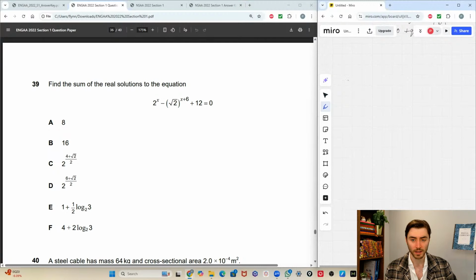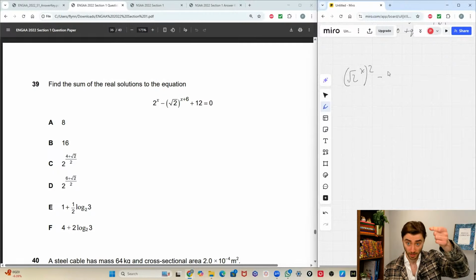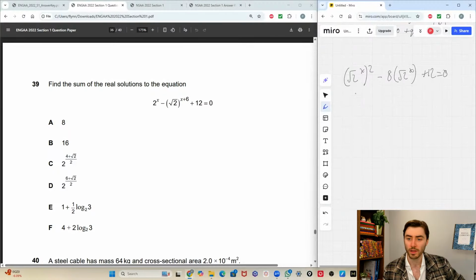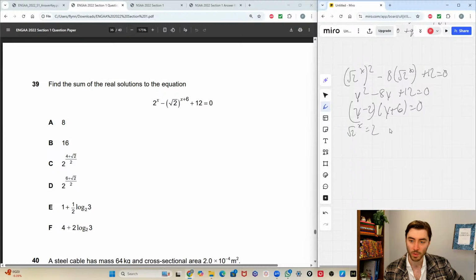So that is root 2 to the x squared minus, that 6 is going to be 2 cubed is 8, lots of root 2 to the x, plus 12. So I'm going to call that y squared minus 8y plus 12 is 0. So y minus 2, y minus 6 is equal to 0. So root 2 to the x is equal to 2, or root 2 to the x is equal to 6.